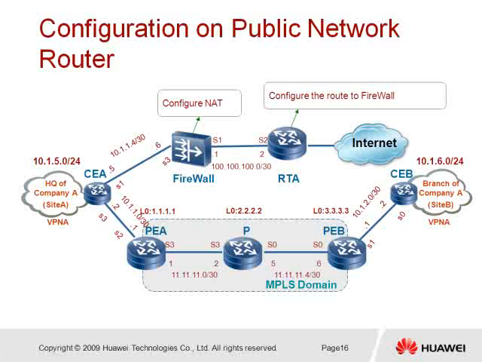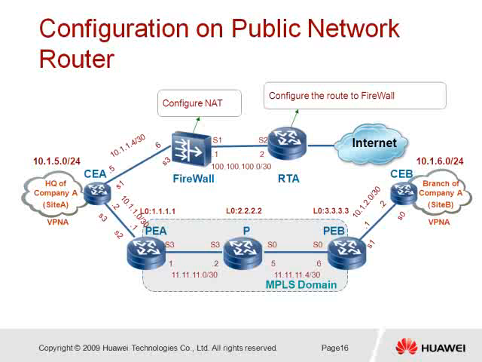Firstly, let's configure the firewall. Create ACL 3000 and enter ACL 3000 view. Configure the ACL rules to match the private addresses of the users of Site A and Site B. Rule 5 permit ip source 10.1.5.0 0.0.0.255.